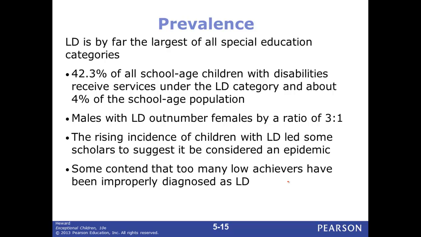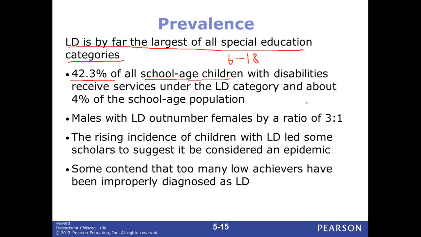So what's the prevalence? LD, you know this, LD is by far the largest of all SPED groups. 42% of all kids with IEPs receive services in the LD category. And this means school age, which really is 6 to 18, because our special ed services go to age 21, but those students are often not counted in here.